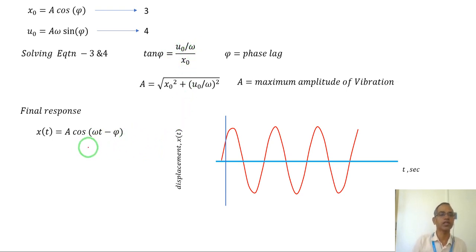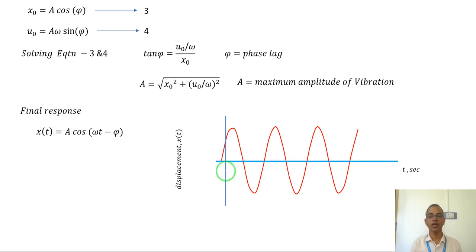Now let us look at how this response looks. When you plot x of t over time, this cosine will have some kind of phase lag, and this is a continuously vibrating system.